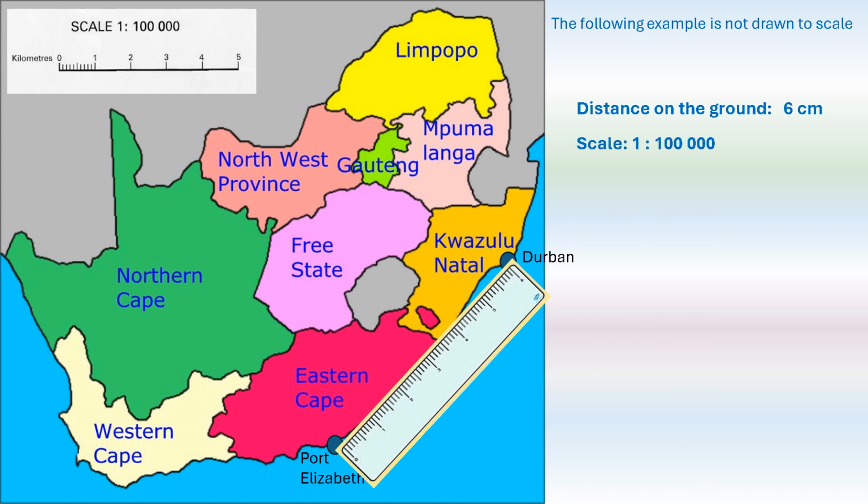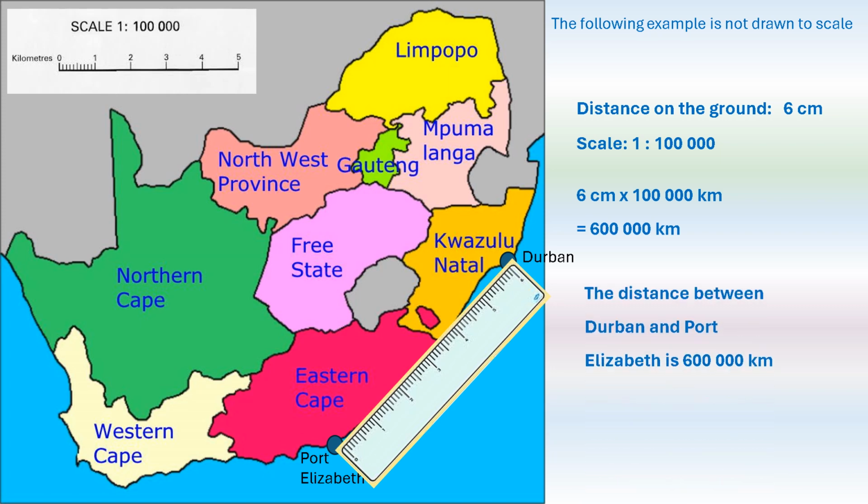The scale is 1 centimeter on the map represents 100,000 kilometers on the ground, and then we multiply that out. We say 6 centimeters times 100,000 kilometers equals 600,000 kilometers. And we have the distance between Durban and Port Elizabeth is 600,000 kilometers.